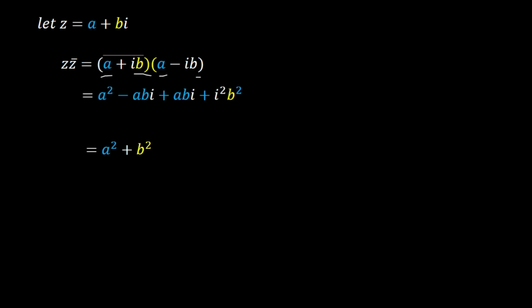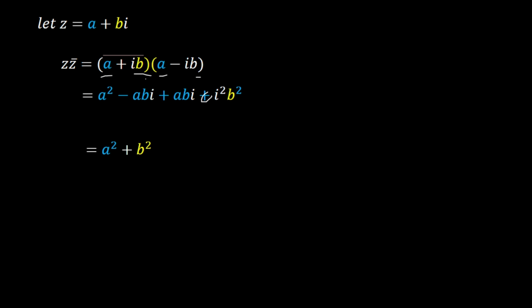By simplifying, you are going to have a squared minus abi plus abi, and then minus i squared b squared.